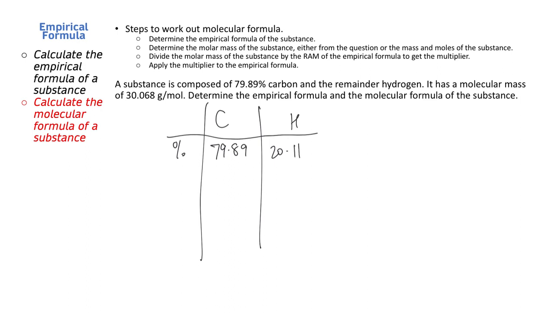Once you have that, you can work out the mass in 100 grams, which happens to be 6.65 for you and 19.95 for you. Okay, so now that I've got those two, I can go divide by the smaller. Oh no, wait, I have to get that into moles. Oops, that was the number of moles.